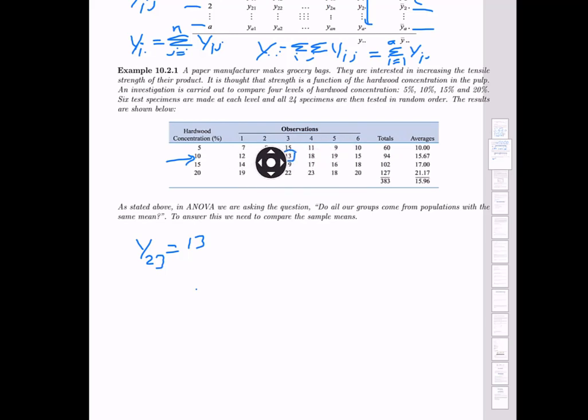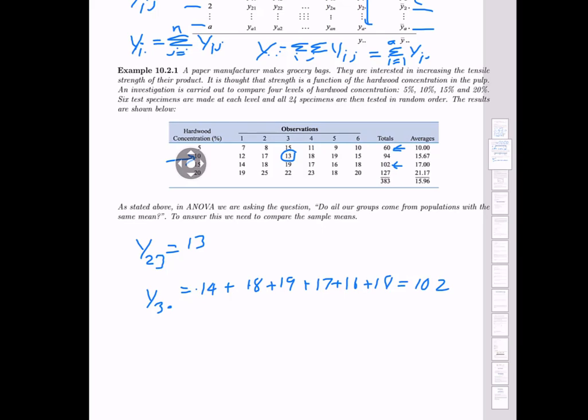Next, I want to explain what y3 dot is. Y3 dot is the summation of the observations of the third group: 14, 18, 19, 17, 16, 18. Once you add these, similarly you get y3 dot, y1 dot, and so on.